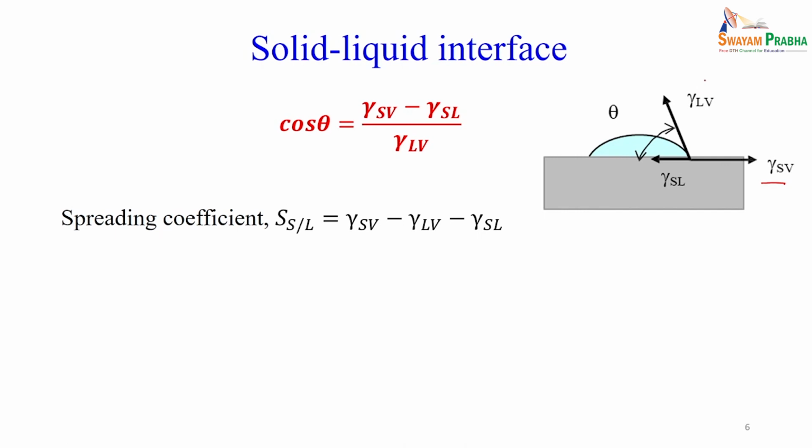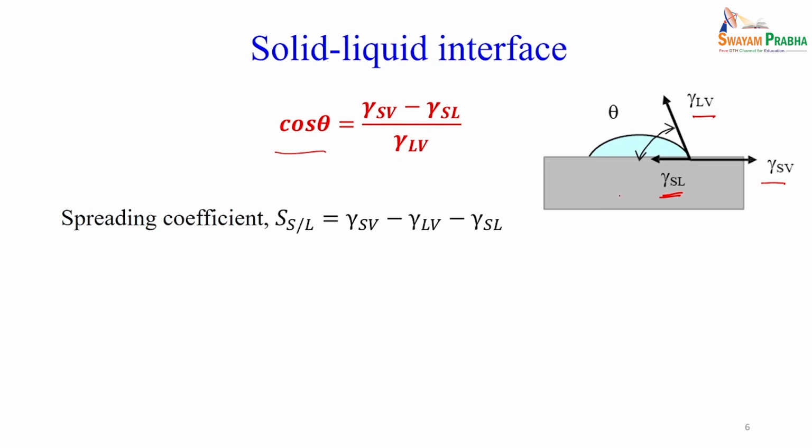So, the liquid has the surface tension of gamma LV, and this is the interfacial tension between the solid and liquid, gamma SL. This relation, or you can say the contact angle, we can define using Young's equation, which says cos theta is equal to gamma SV minus gamma SL divided by gamma LV.